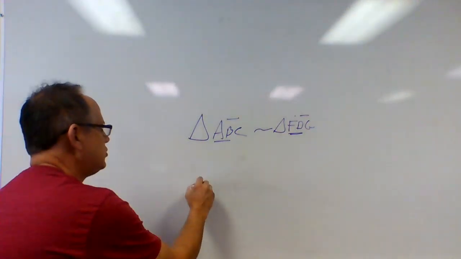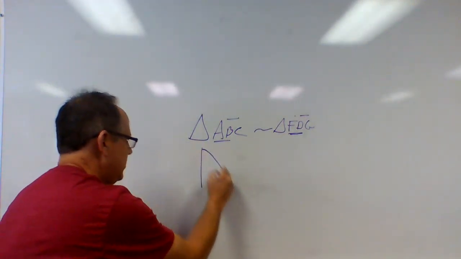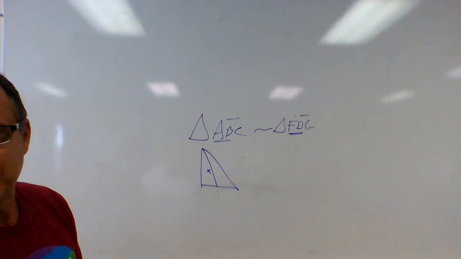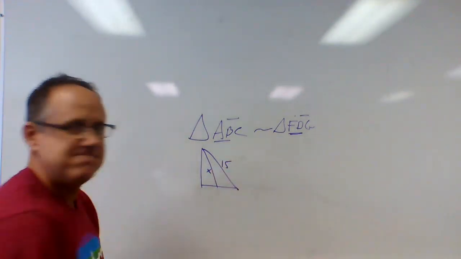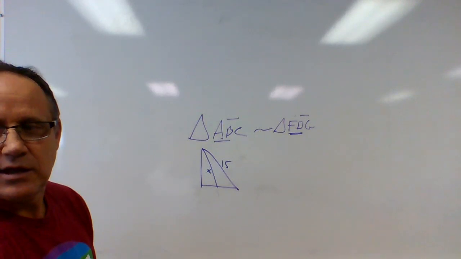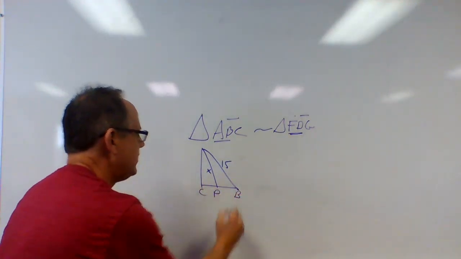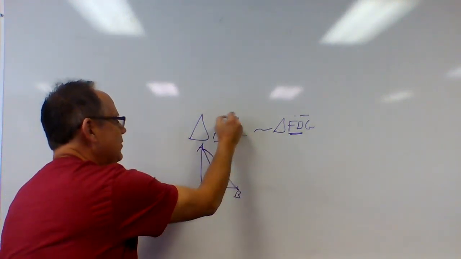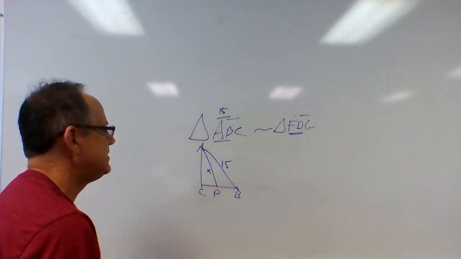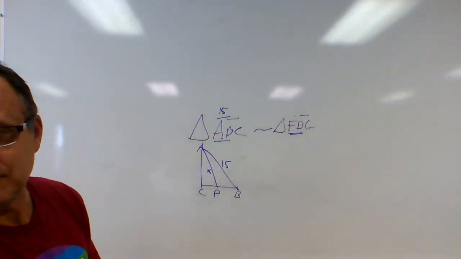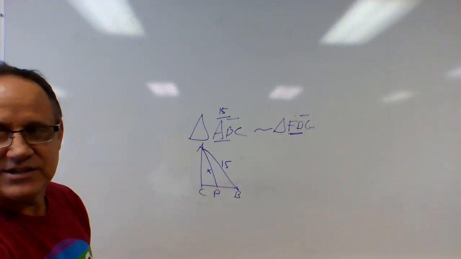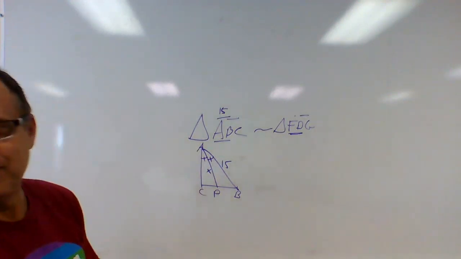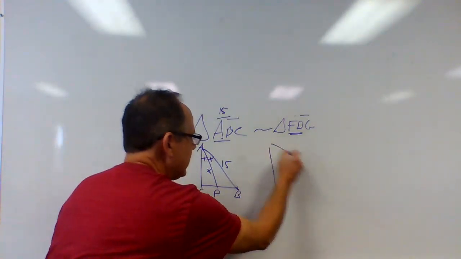So when we look at our two triangles, we have one triangle with X, and we have 15 here. AB is 15. We're looking at our angle bisector, AP, and our other triangle looks a little bit different.